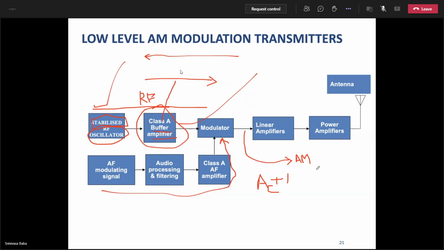That is your AM signal, amplitude modulated signal. It consists of a carrier signal plus upper sideband plus lower sideband: AC cos omega ct plus m AC over 2 cos (omega c plus omega m)t and m AC over 2 cos (omega c minus omega m)t. Upper sideband and a lower sideband you'll have, and that is your AM signal.